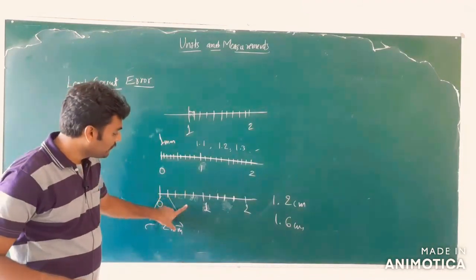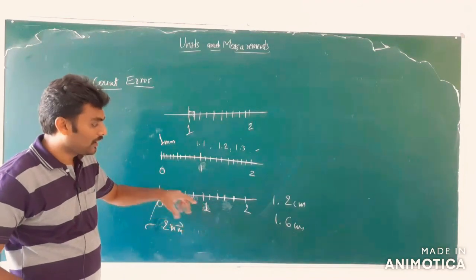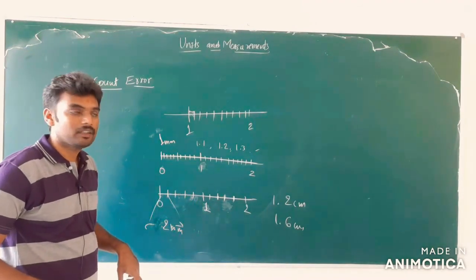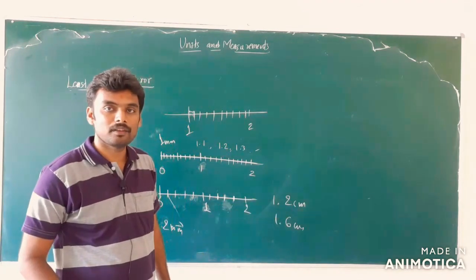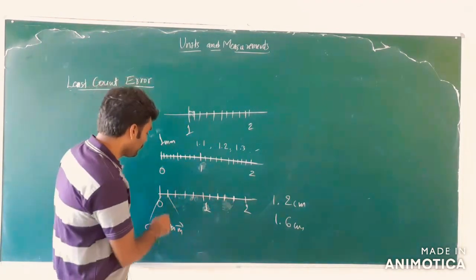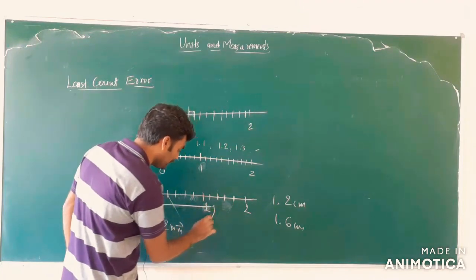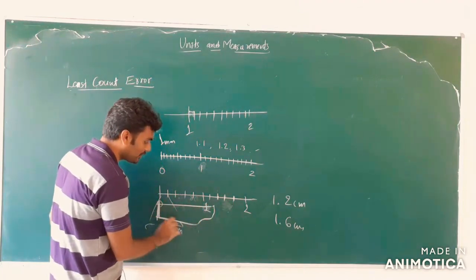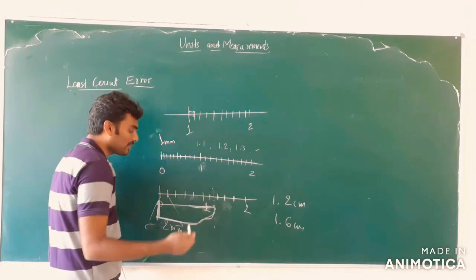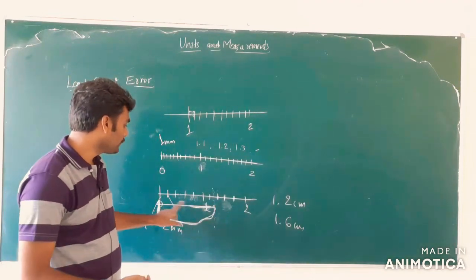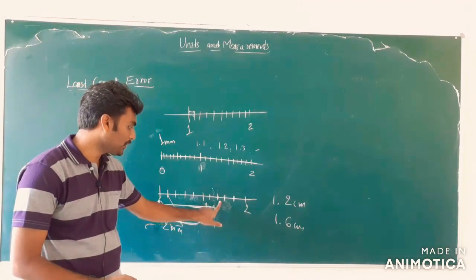So if I give you the tape and ask you to measure something, say the reading comes and stands somewhere here. Which reading should you take? It is 1 till here, 1.2, 1.4.